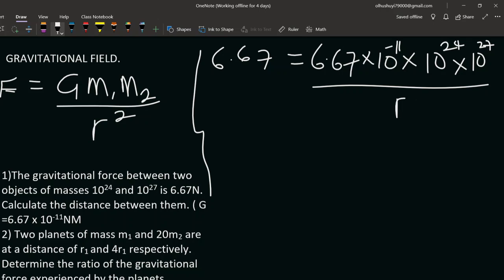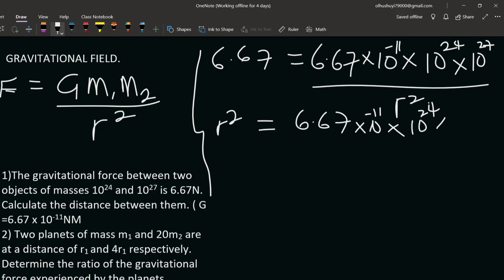That's what we are looking for. We're looking for r squared, then we are looking for r rather. We have r squared here. So r squared should be equal to 6.67 times 10 raised to the power minus 11, times 10 raised to the power 24, times 10 raised to the power 27, everything divided by 6.67.